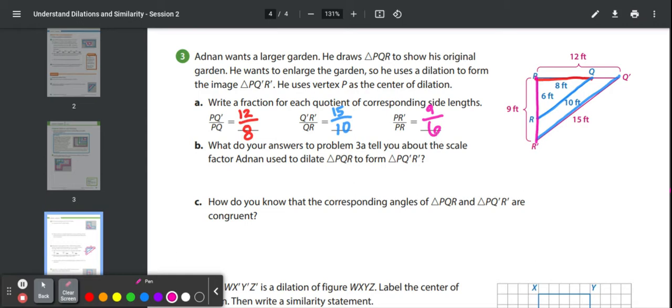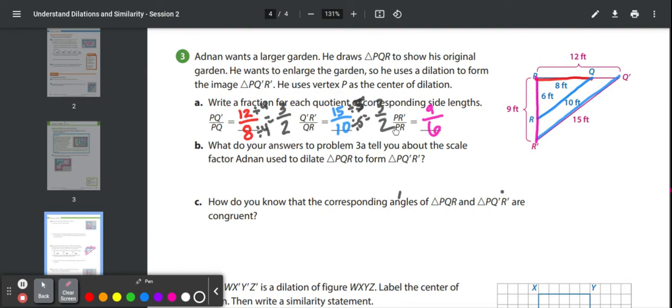Okay, so let's see if we can simplify these. So 12 and 8, I can divide both of those by 4, and I can get 3 over 2. I can divide both of these by, sorry, hold on, by 5.